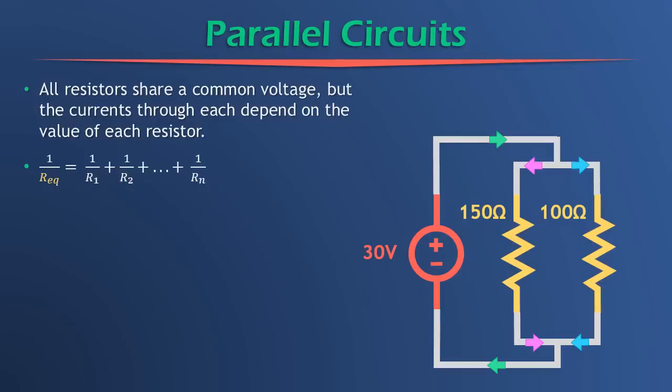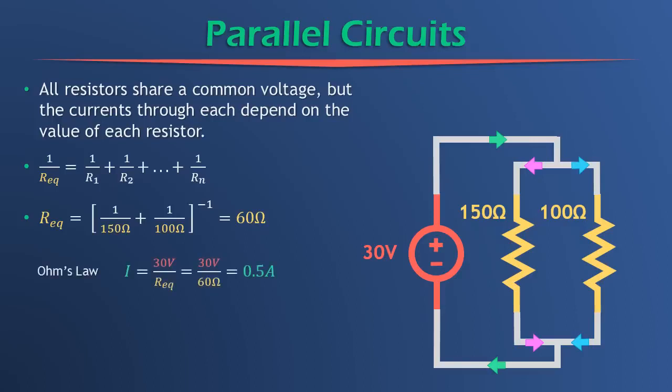In this case, we find that the equivalent resistance that will replace this circuit block right here is equal to 1 over 150 plus 1 over 100, and then whatever answer you get there, you just flip it. So this arrangement of resistors can be replaced by a 160 ohm resistor. And so therefore we can find what that green current would be.